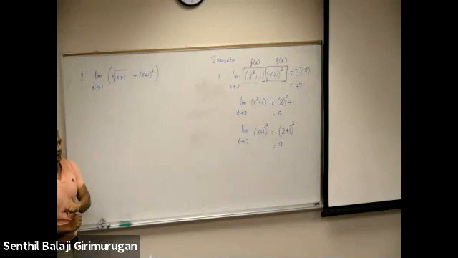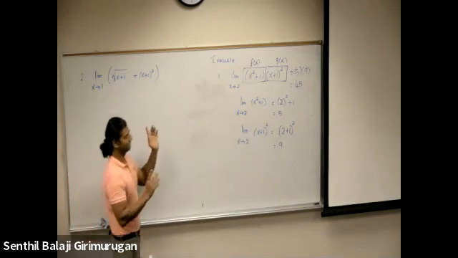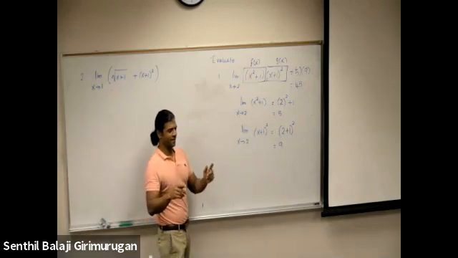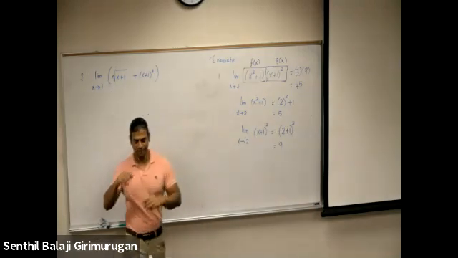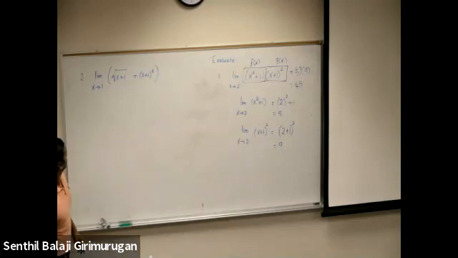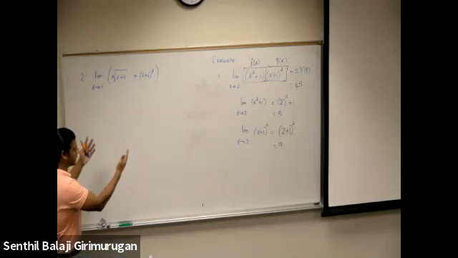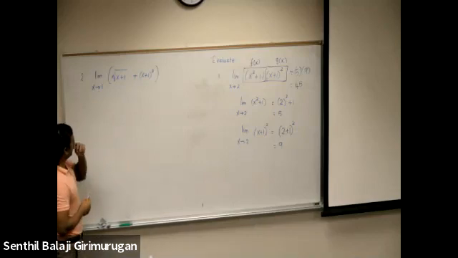Give it a try. Use the properties, A through H, you don't need the other two. Good. So when you do the homework, you don't have to write each and every step.